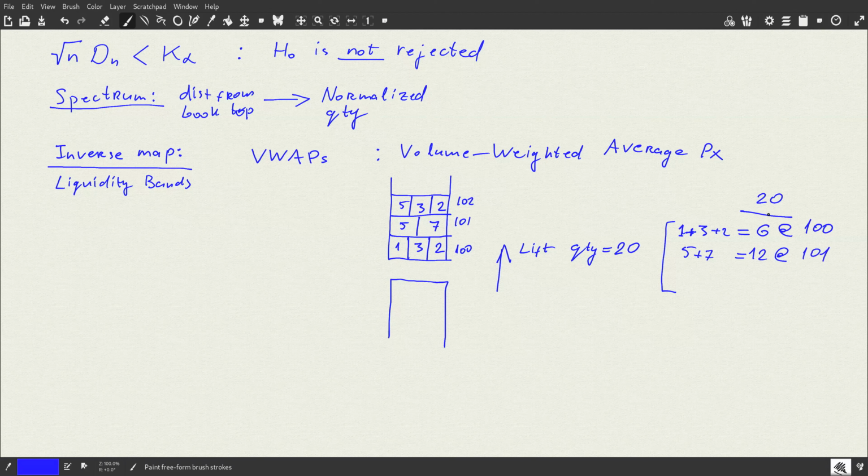Now, this is still short of 20. This is only 18. Therefore, what happens in this case? They completely eat up the price level 100. They completely eat up the price level of 101. They get 18 in doing that. And from the price level of 102, they get only 2.